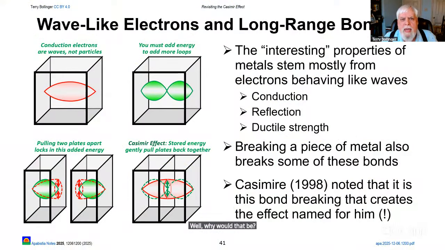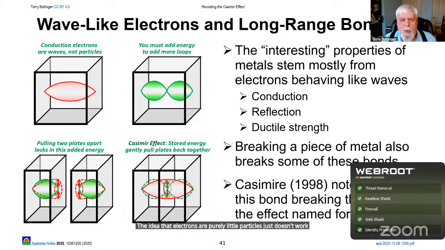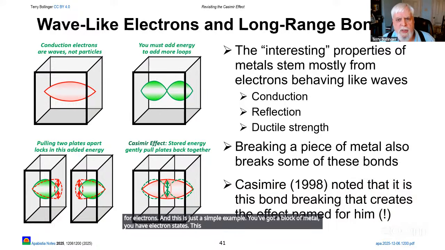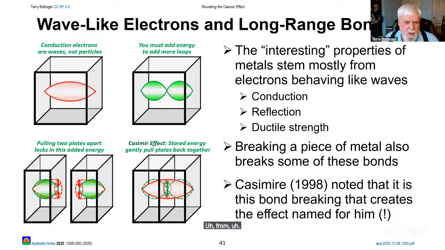One of the things I want to point out is that when you're talking about metals, you are talking about substances that have electrons that exist as waves. The idea that electrons are purely little particles just doesn't work for metals. You have to use the wave model for electrons. And this is just a simple example. You've got a block of metal. You have electron states. This is standard conduction theory, standard band theory from metals and from semiconductors.